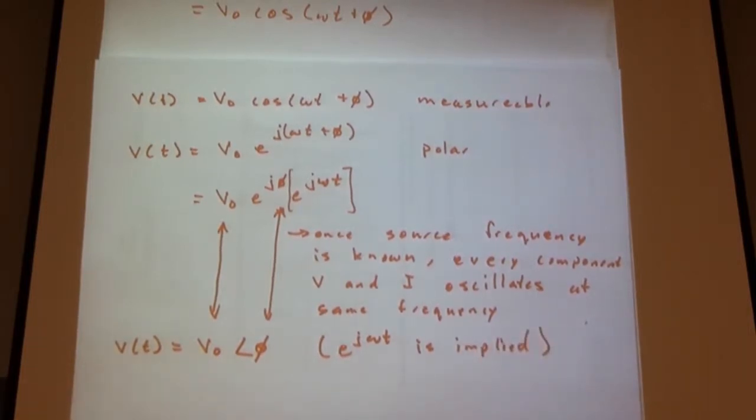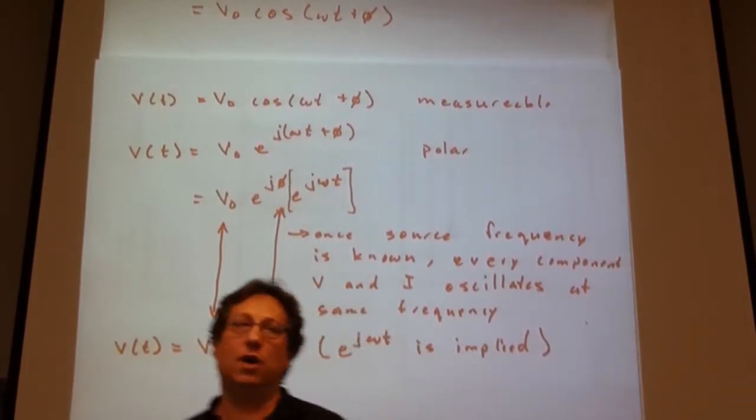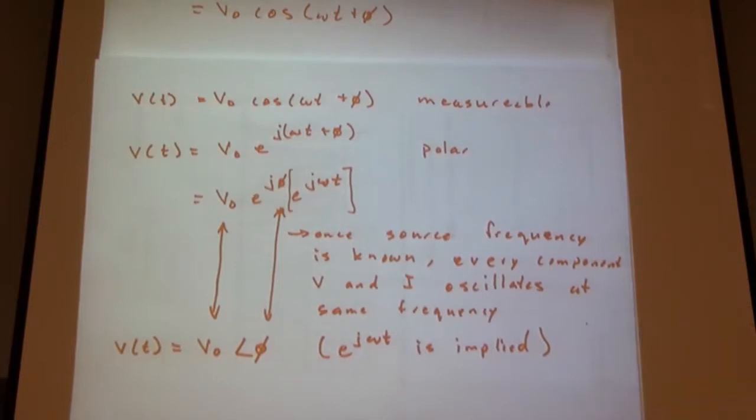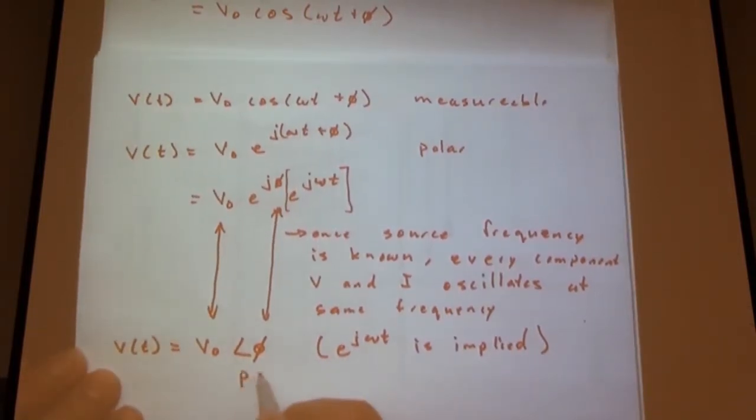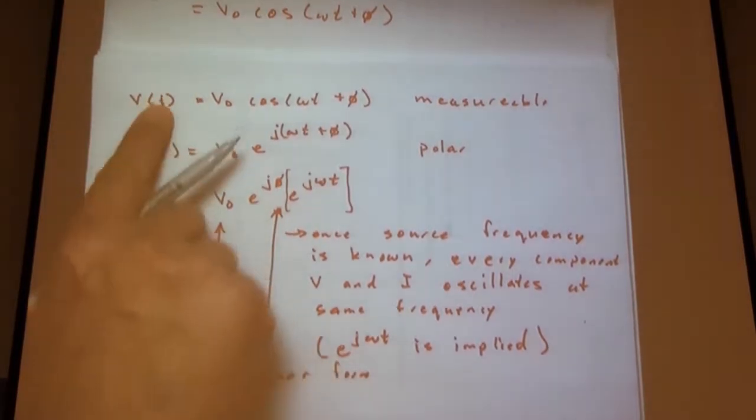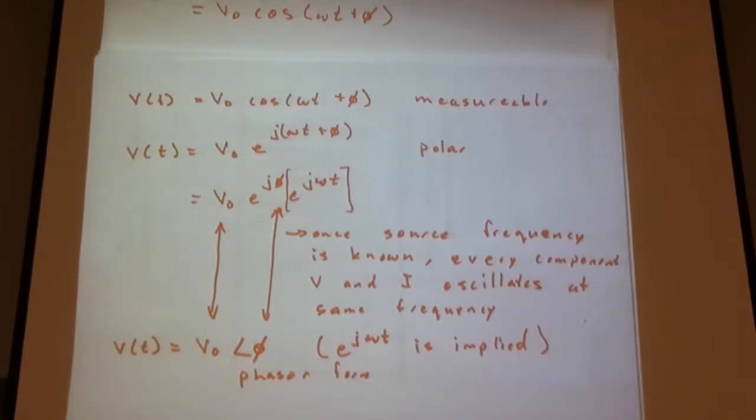So all three of these representations wind up being the same thing. Largely, we're going to use the phasor form in our analysis, and ultimately go back to the measurable form without going through the polar, because we don't really need to write that. It's an intermediate step.